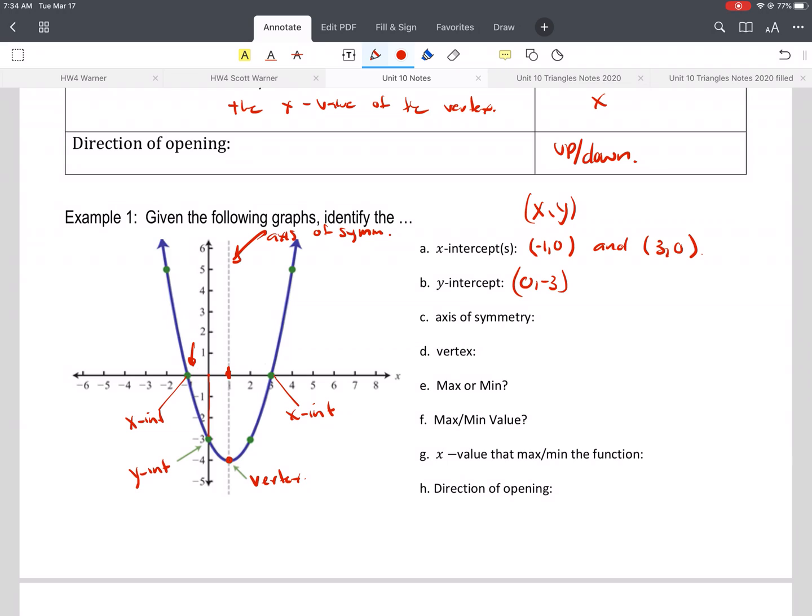Axis of symmetry is the line that cuts the parabola equally in 2 parts. So that would be x equals 1. Again, it's always x equals, it's an equation. It's a vertical line. The vertex here would be x is 1 and y is -4.